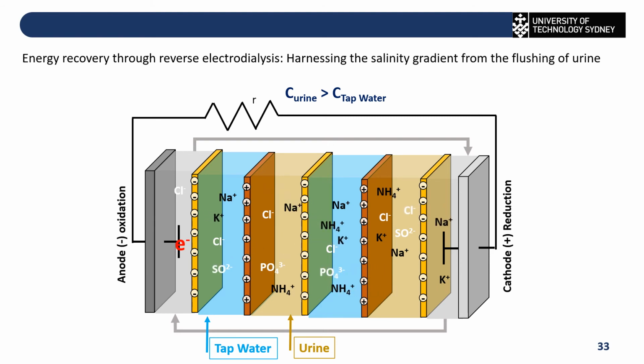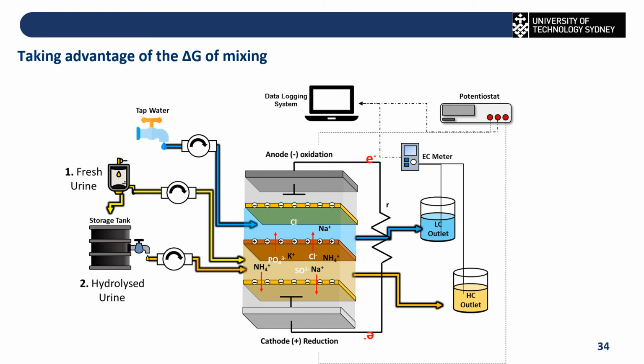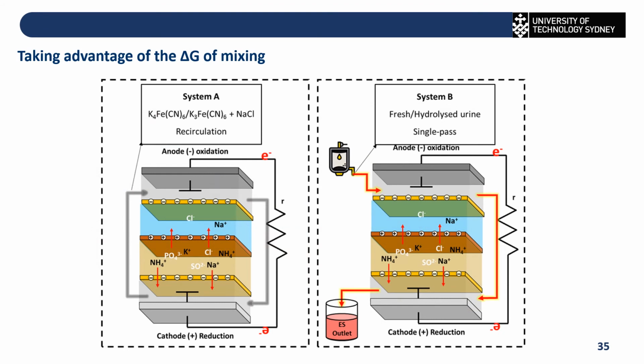They move around while they convert, and then we have electrons produced from this RED system. We utilize urine as the high concentration solution and tap water as the low concentration, and then look at what power can be produced, and we try to separate two different systems.